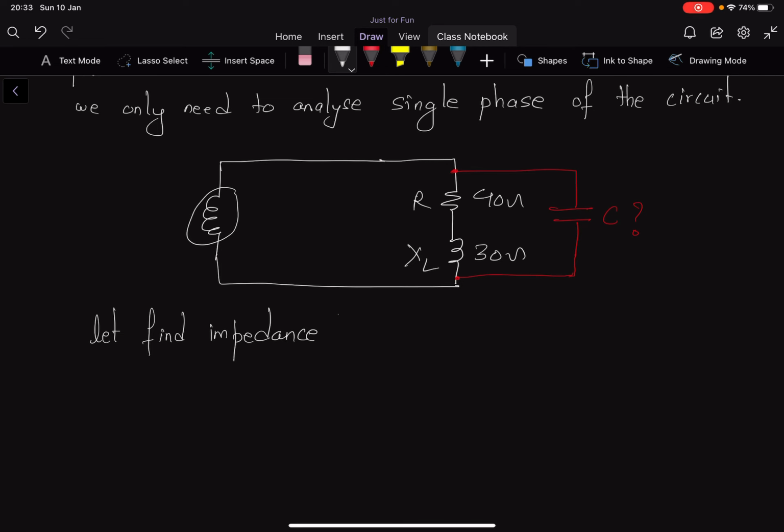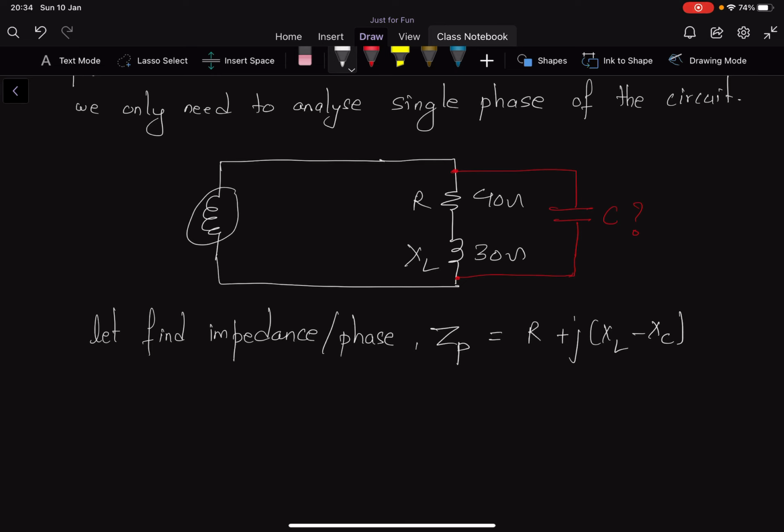So impedance per phase, which we're going to say is ZP. ZP is simply, if you have ever done impedance of series, it can be written as R plus j(XL minus XC).